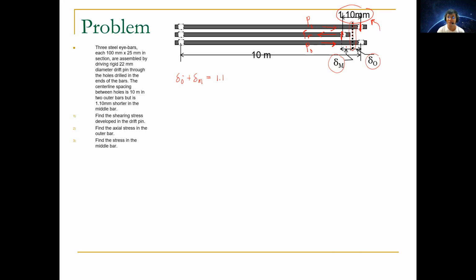So ang katong 1.1 difference between the outer and the mid bar may be caused by the movement of the two steel eye bars. So probably nag-contribute ang kaning movement sa outer bar and also for the inner bar.